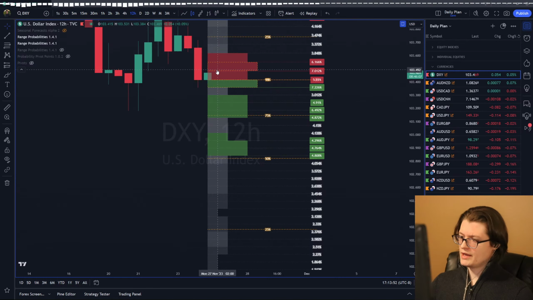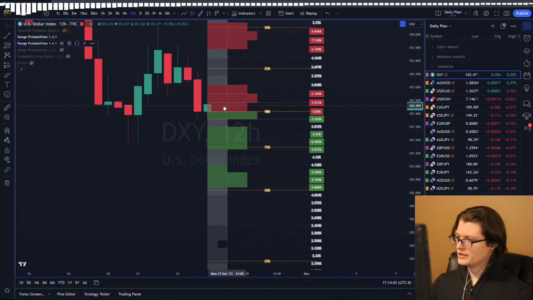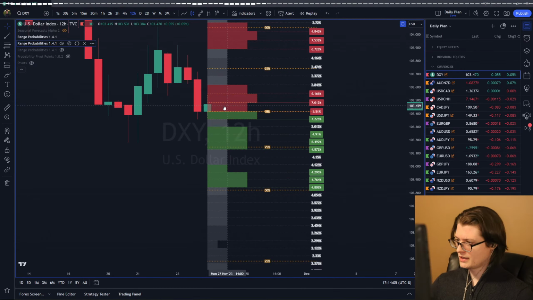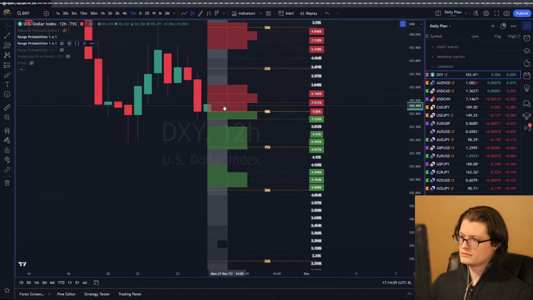So maybe I'm not anticipating any sort of dollar weakness directional move until the latter half of the week. So maybe I hold off on looking at taking trades right here, right now, until a more opportune time.